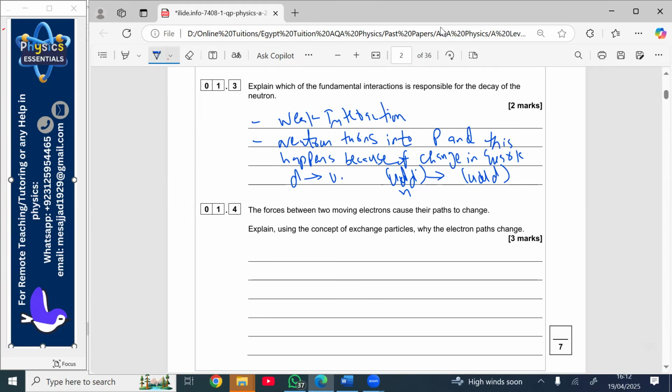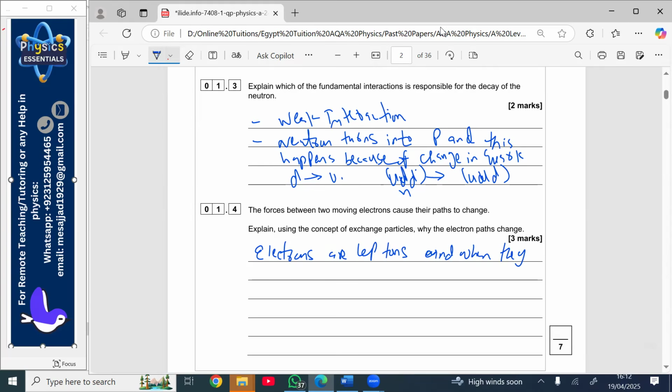The forces between two moving electrons cause their paths to change. Explain using the concept of exchange particles why the electron paths change. Okay, so electrons are leptons, and when they interact, there is a very specific exchange particle associated with electrons, which is called a virtual photon.